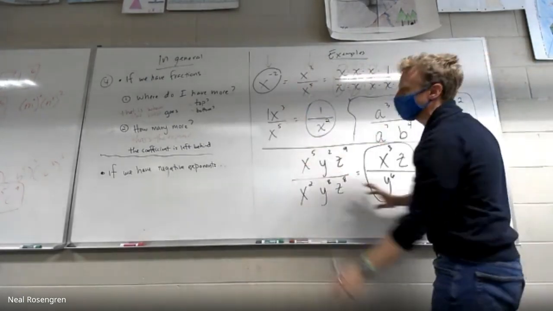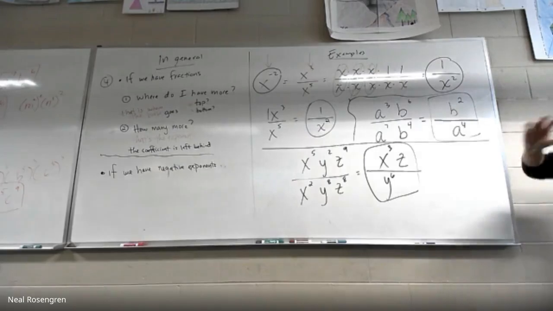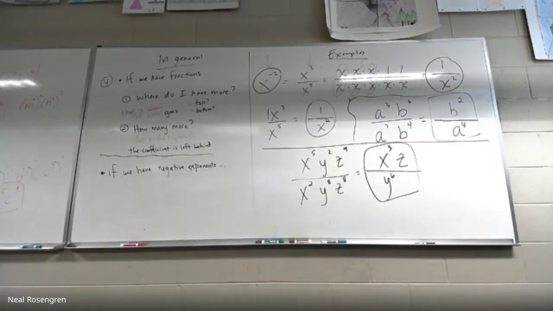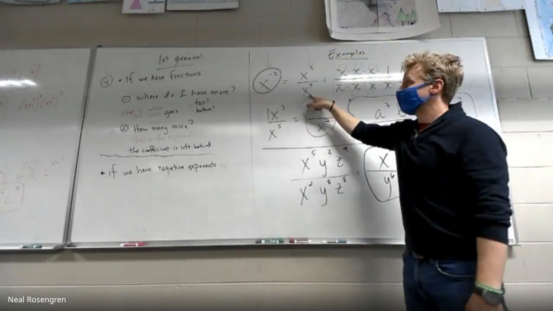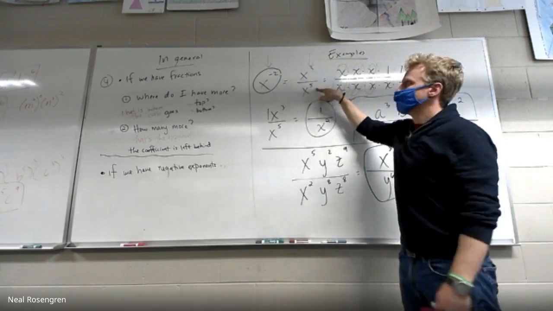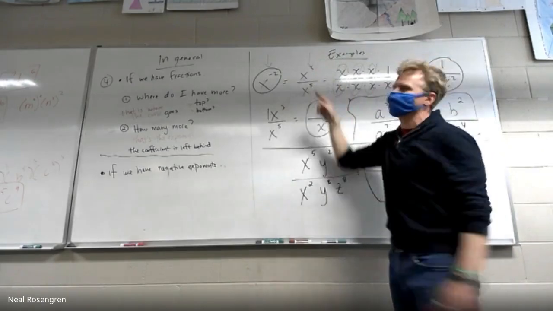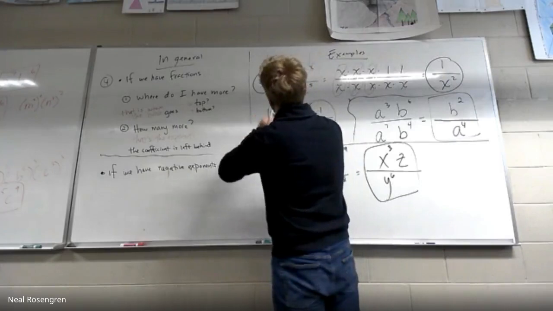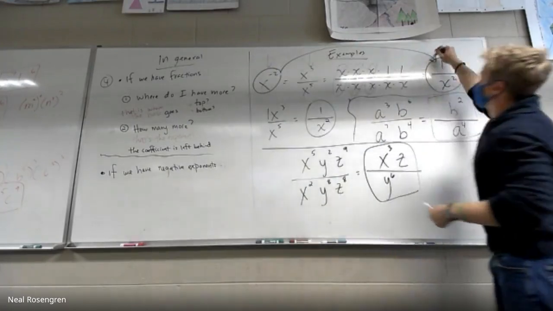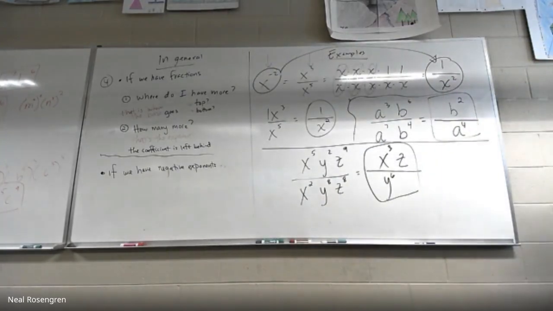We don't have to worry about this whole top and bottom and figuring out where there's more, because if it starts as x to the negative second, maybe it came from this, or maybe it was like 4 and 6, or 7 and 9, or 1 and 3. I can't make up where the problem came from. So just go from here to that in one step. What happened? Do you think?